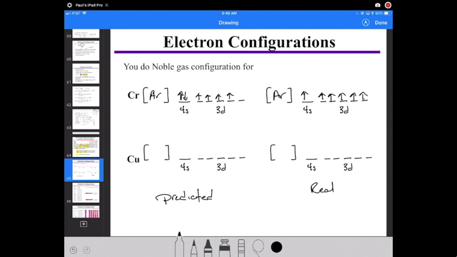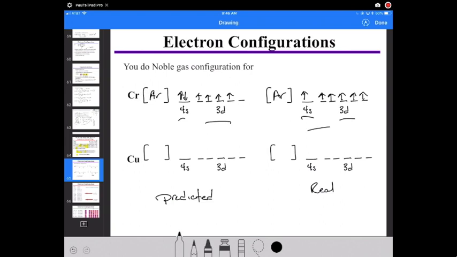One of the electrons gets promoted from the s into the d orbitals. There is a special stabilization when you have a half full or a completely full shell. And by doing this, I have 2 half full shells.